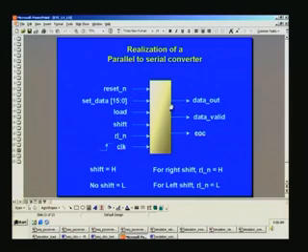You have an output corresponding to the serial bit stream at data out, and when it is valid is indicated by the data valid signal. Once all the 16 bits are sent out serially, an end of conversion will be generated.